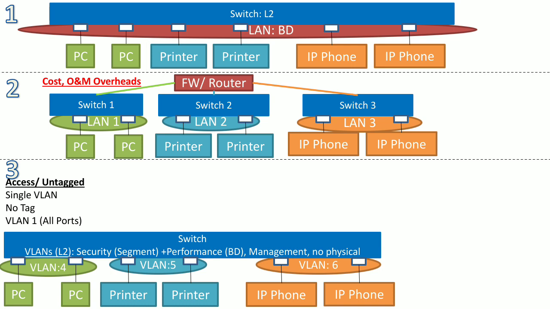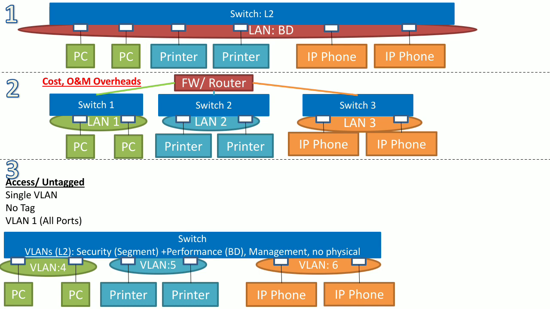It means that since the switch knows that a particular port belongs to only a single VLAN, it will not attach a tag or VLAN ID to the frames coming in or going out of this access port. Since it knows this port belongs to VLAN 4, there is no reason to attach the VLAN ID, that is the tag of a VLAN, to the frame.